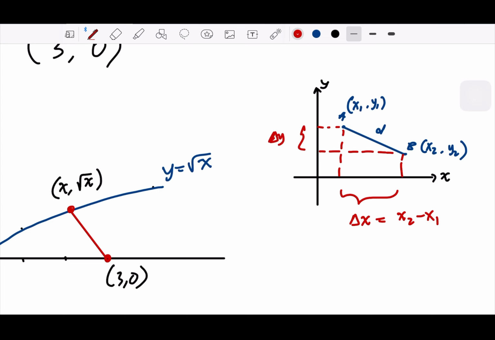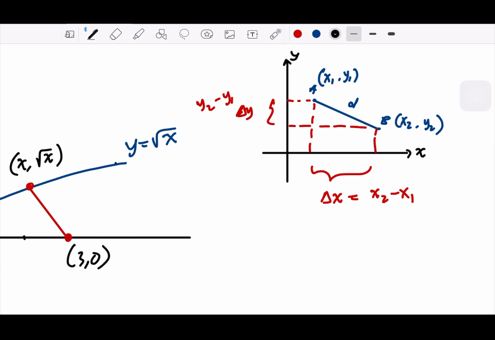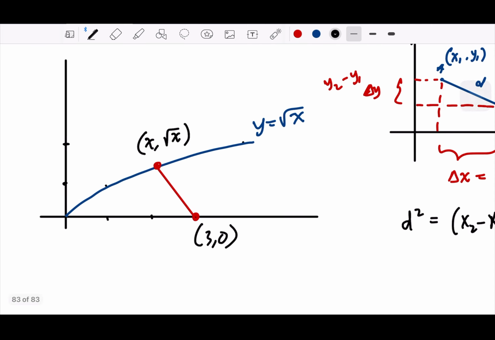The delta for y is y2 minus y1, right? And then using d squared is equal to the sum of the squared deltas, we can find the distance, similar to what we have here.